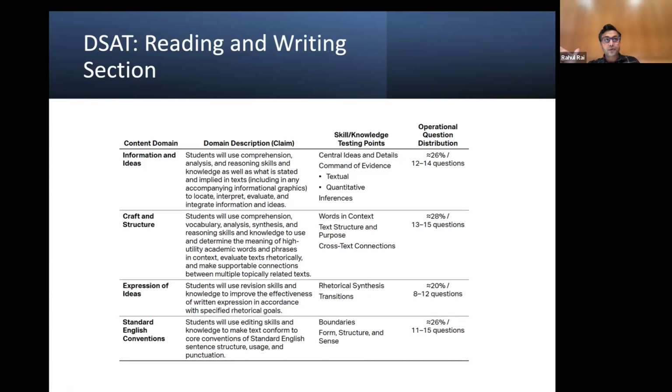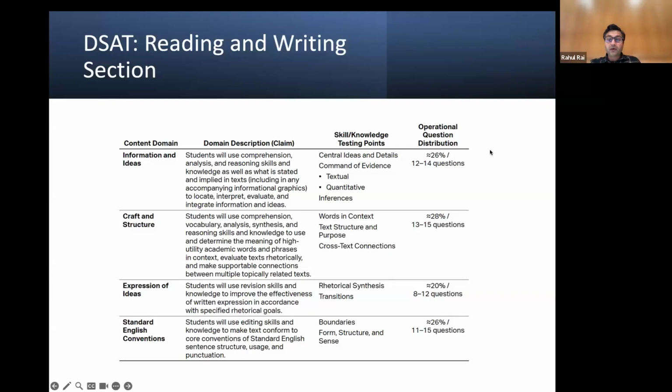So you need to focus on each of these subtopics, and there will typically be 11 chapters in that book, each chapter focusing on central ideas and details, command of evidence, words in context, text structure, and so on, right? So this gives you an idea of the topics which you should be focusing your preparation on.